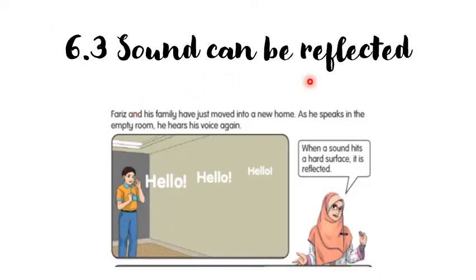Sounds can be reflected. Faris and his family have just moved into a new home. As he speaks in the empty room, he hears his voice again. Hello, hello, hello. When a sound hits a hard surface, it is reflected.